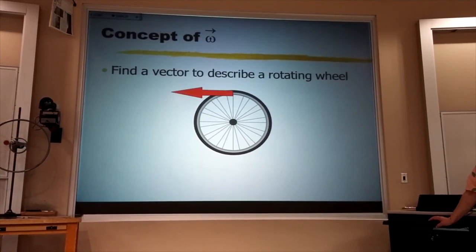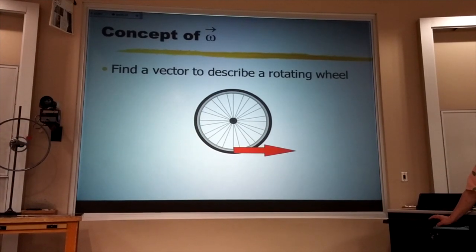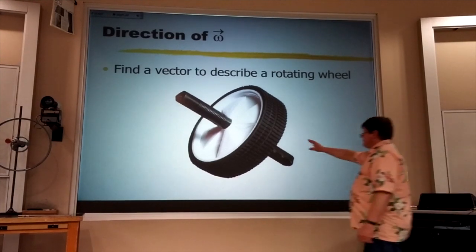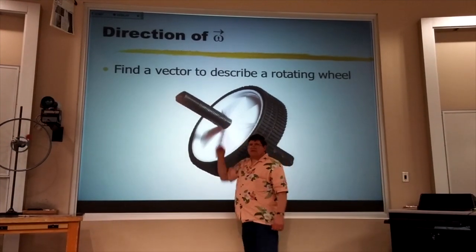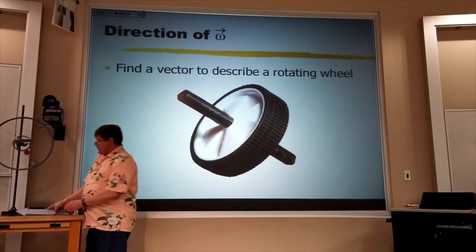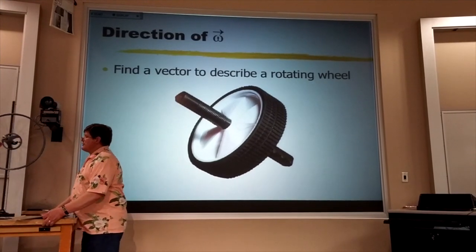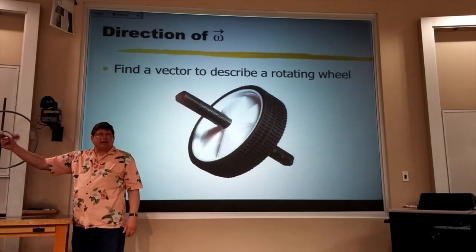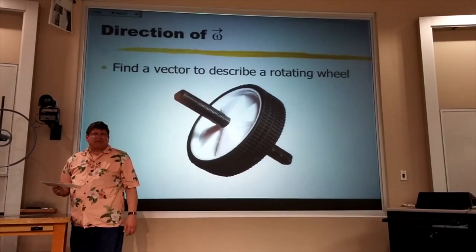We find that every part of the wheel changes direction as it turns, except the axis. And so, as strange as it seems, we define that to be the direction of our omega vector. It points out along that axis.